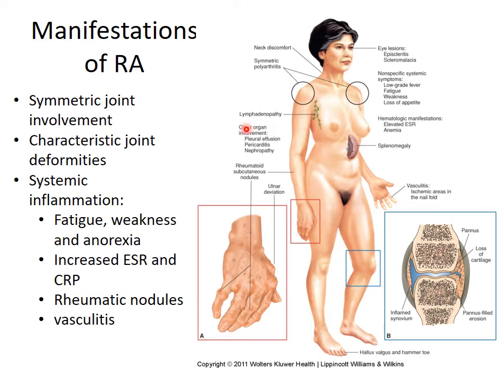She may see involvement of other organs, so there may be pleural effusions, pericarditis, nephropathy, splenomegaly. She will see elevated ESR and CRP due to the systemic inflammation. So just inflammatory processes going on all over.